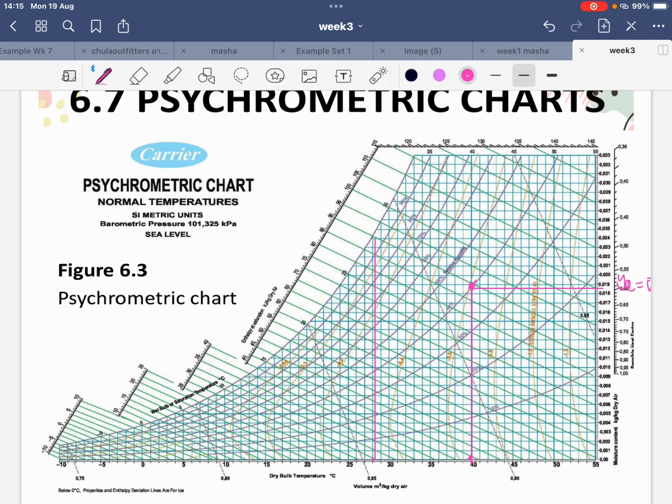Oh, the line is not straight. This is the line here. Let me move it. That should be here and here. Okay. And then I'll make a line to there. 0.024 is YS.